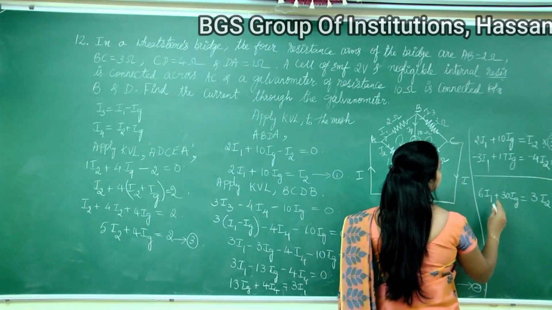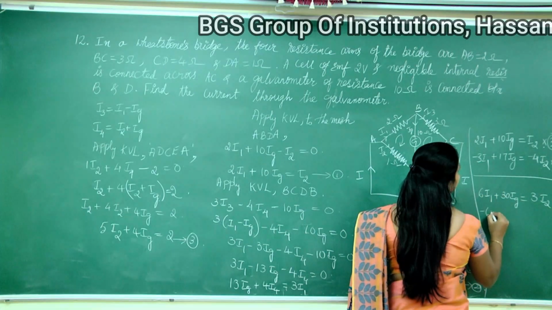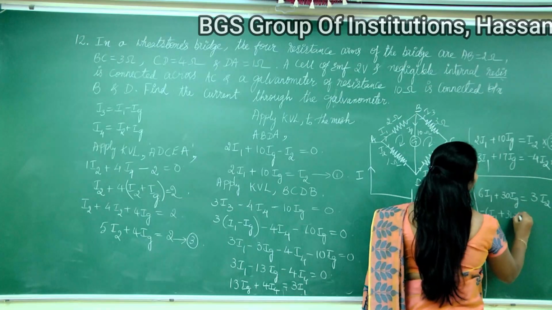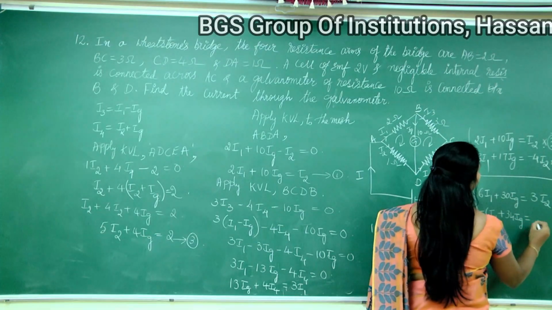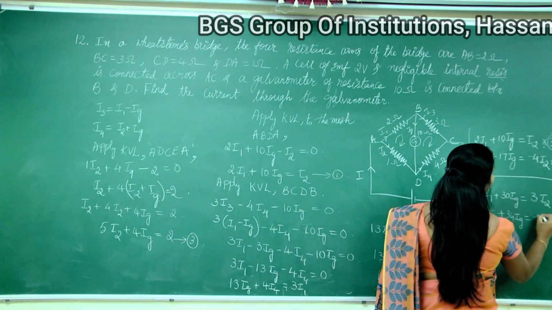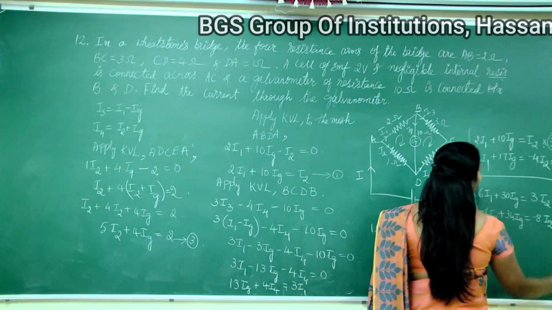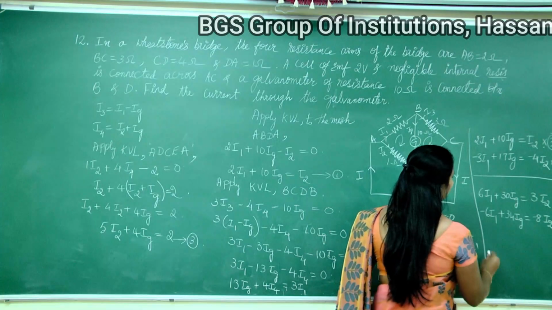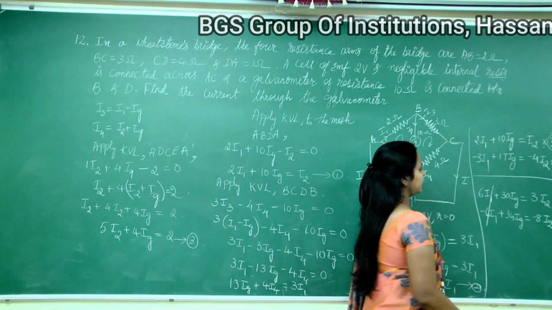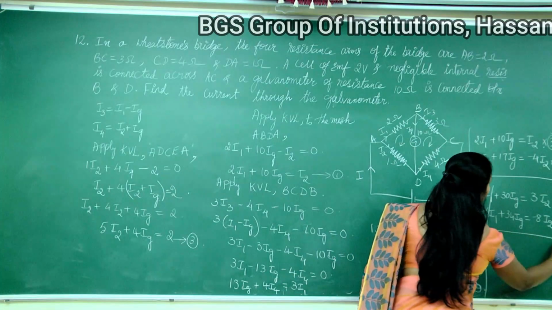So here it is minus 6i1 plus 34ig is equal to, we have minus 8i2. So now 6i1 minus 6i1 get cancelled.